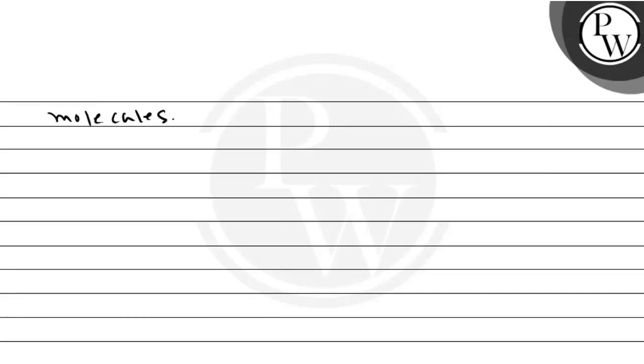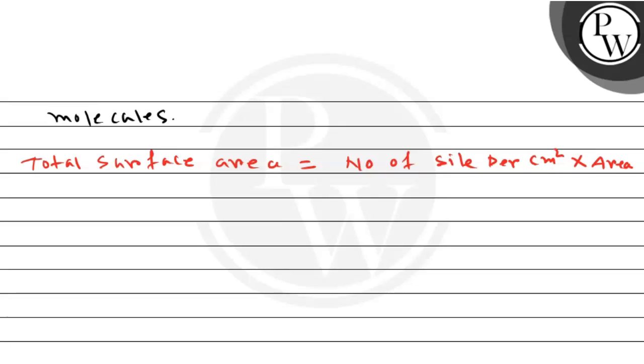Now as per this question, the total surface area available is the density into the area. The total number of sites is equal to the number of sites per cm² into the area, and both these values have been provided in the question.